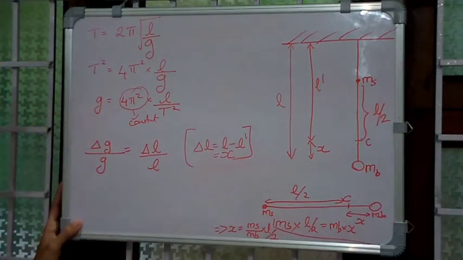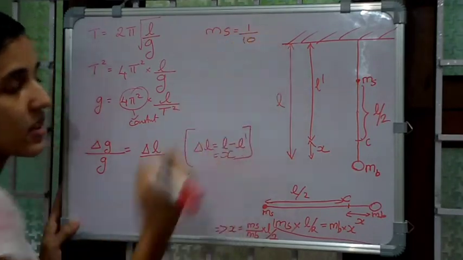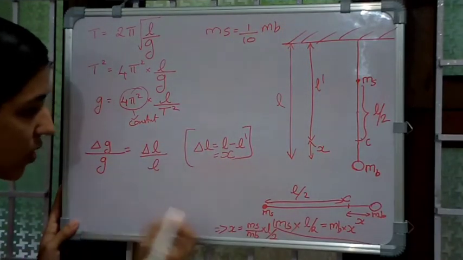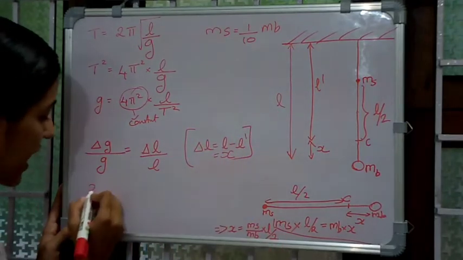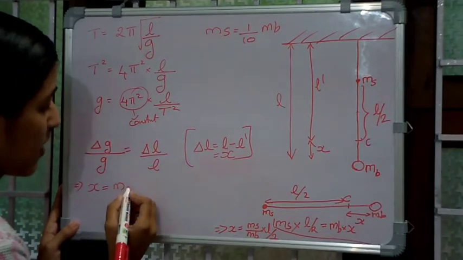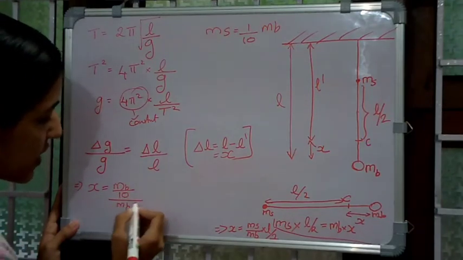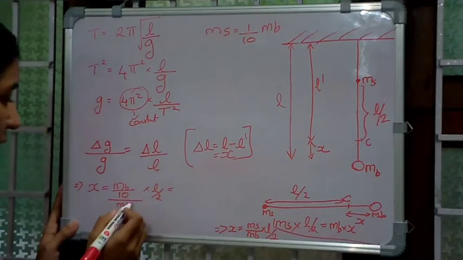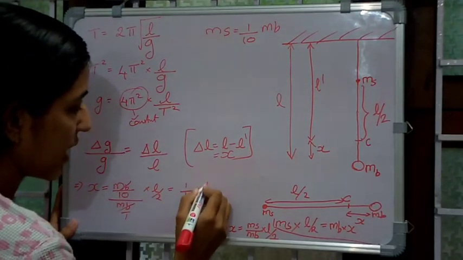In the question it is provided that ms, the mass of the string, is one-tenth the mass of the bob. So on giving the value of ms as 1 by 10 into mb, we get x equal to mb by 10 whole divided by mb into L by 2. Here mb and mb get cancelled and the remaining is 1 by 10 into L by 2.